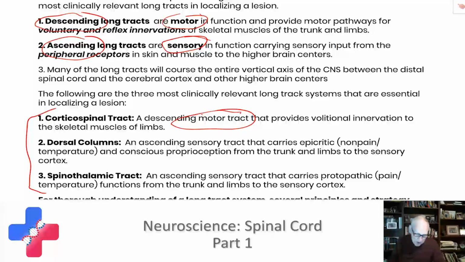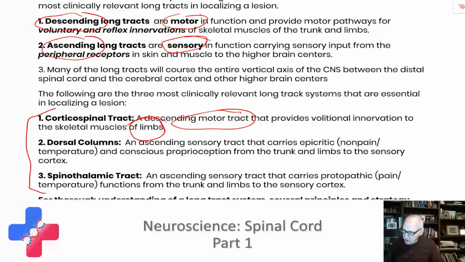So again, notice this is innervation of limbs, especially distal limbs, the arm, the forearm, the hand, the thigh, the leg, the foot. And so what muscle groups do you move most during the daytime? Limbs, upper and lower limbs. So that makes this one most essential.